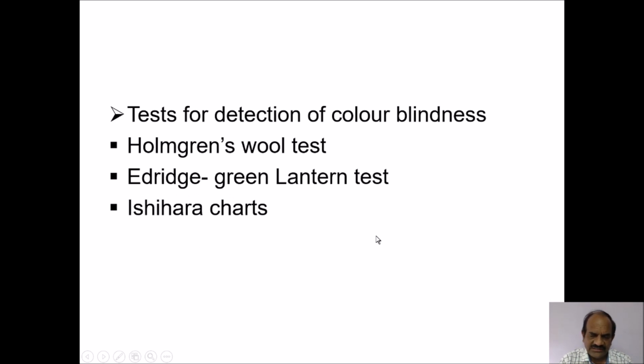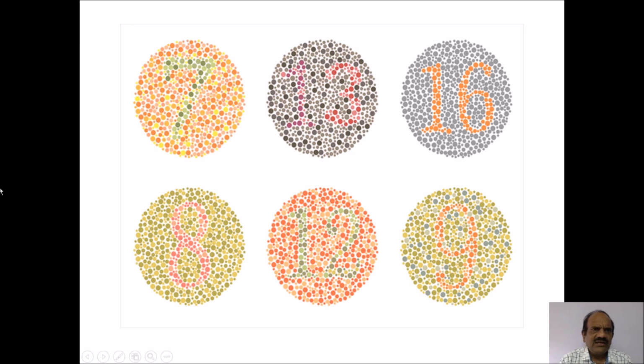Now I will show you the Ishihara charts. Here you will find certain color plates with different color combinations in the form of dots, and you can see certain numbers formed with the different color combinations. The individual has to identify these figures. If he is able to identify them, it indicates that the person can differentiate various types of color.